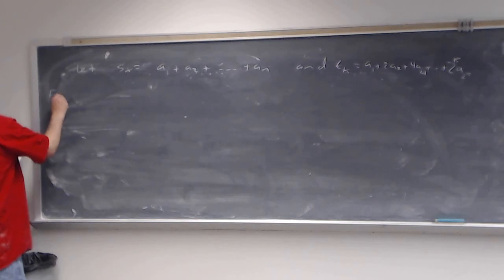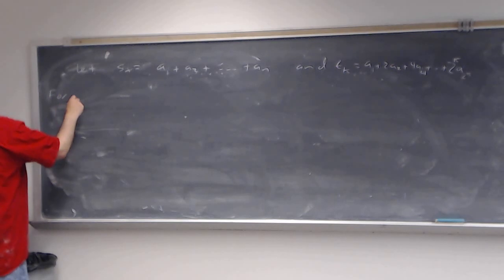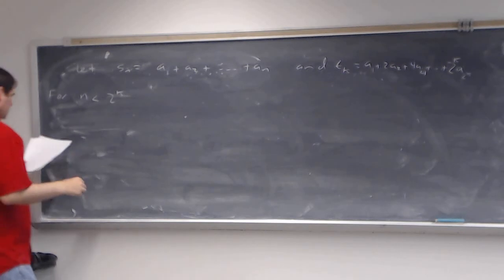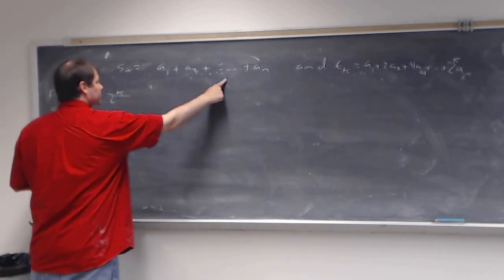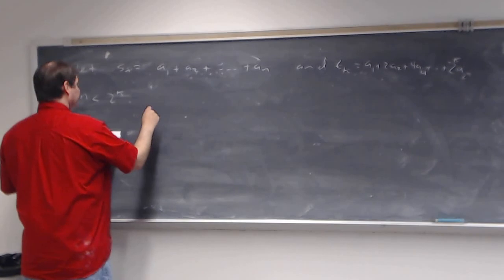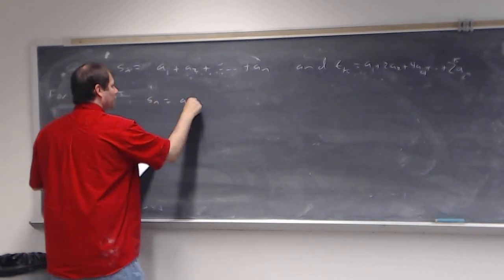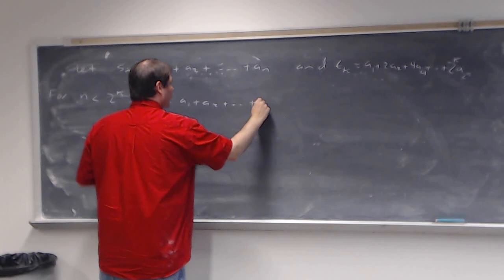Okay, for n less than 2 to the k. All right. Now remember, S of n is written right above. So here's what I'll say. We have this S of n. I'll write it down again. It's a sub 1 plus a sub 2 plus all the way up to a sub n.